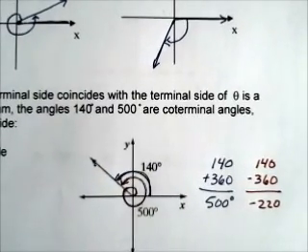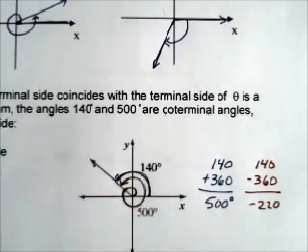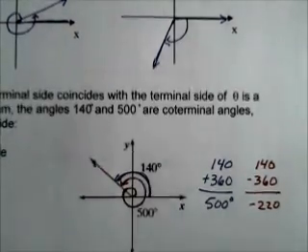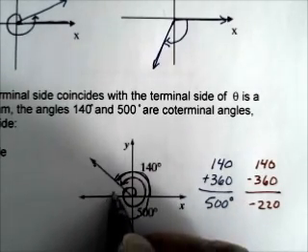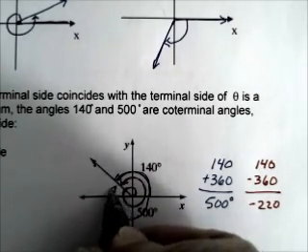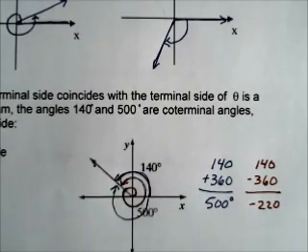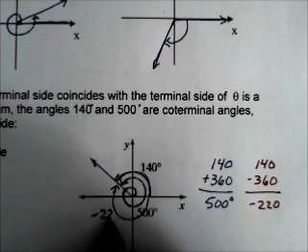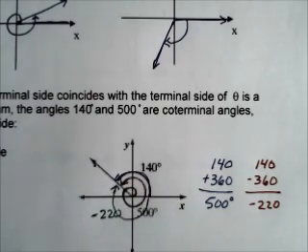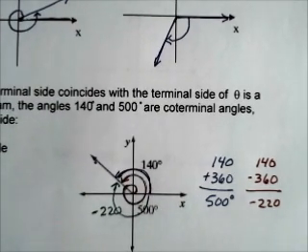That also would be coterminal. 180 and then 40 more in a clockwise direction would be negative 220. So all three of these angles would be coterminal. They share the same terminal side.